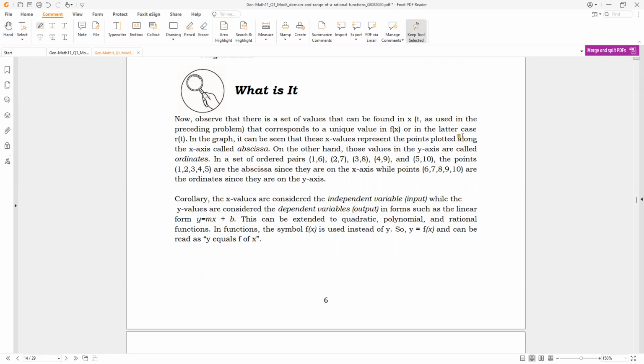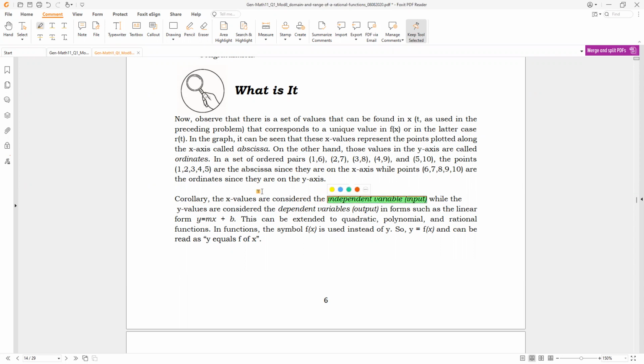Okay, so now let's open module 8. This will be the basis of our discussion. So let's say all the x values are called the domain, which is the independent variable or the input.